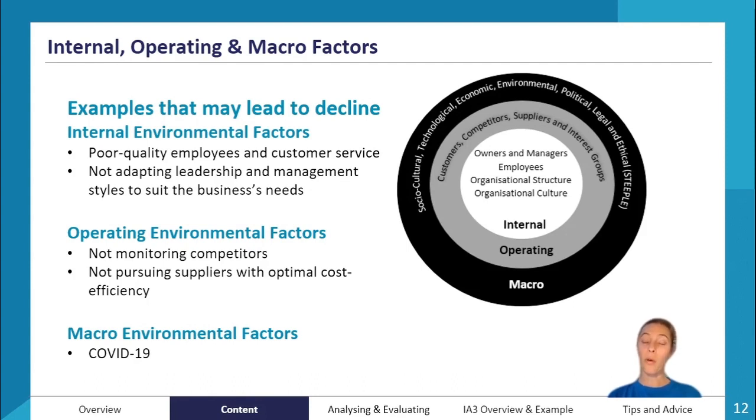Like I mentioned before, that's really important to make sure you're not falling behind in the market. If you don't do that, then you potentially will not have that level of innovation, that level of meeting the demands of customers, and that could then result in decline.